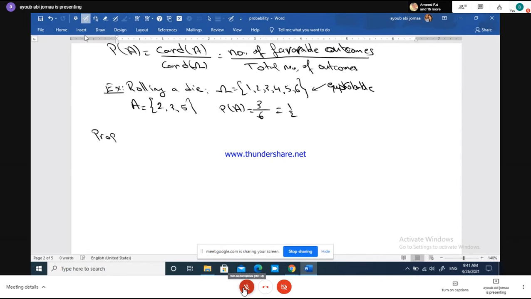Properties. The first one: if A and B are two events that are mutually exclusive, A and B are mutually exclusive.